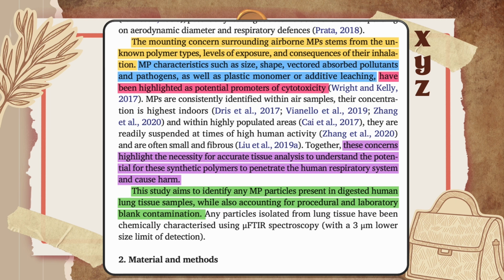So the authors define their research objectives, which is: this study aims to identify, action verb, microplastic particles present in digested human lung tissue samples, while also accounting for procedural and laboratory blank contamination.